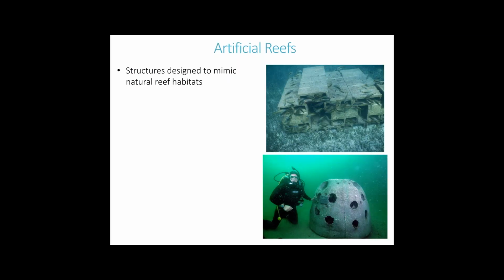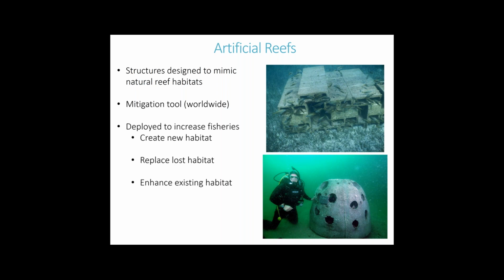Okay, so today I'm going to talk about artificial reefs. I assume most of you are familiar with what their functions are, but they're essentially designed to mimic natural reef habitats. They're used as a mitigation tool worldwide, but there's been a lot of effort in the US over the last 10 years to construct and build artificial reefs all over coastal regions and somewhat in freshwater as well.